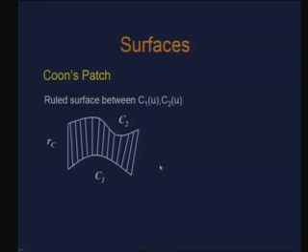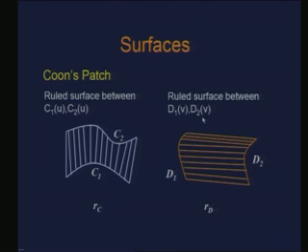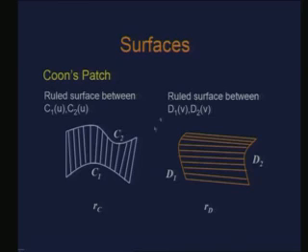Then I construct another ruled surface between D1 and D2. Now, can I do something? The point of intersection of the corresponding ruled lines, we can take those points, these lines and these lines. So, you are suggesting that those points are on the surface, something like that?